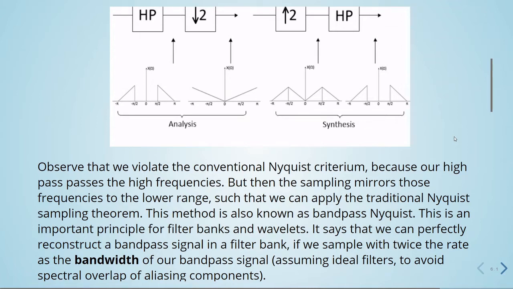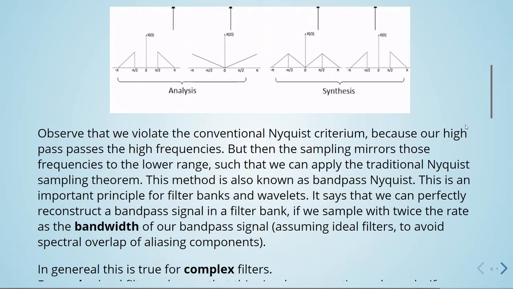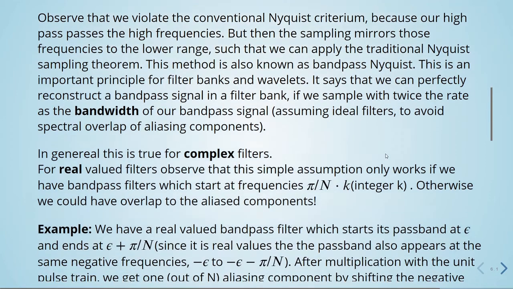The bandpass Nyquist is an important principle for filter banks and wavelets. The bandpass Nyquist says that we can perfectly reconstruct a bandpass signal in a filter bank if we sample with twice the rate as the bandwidth of our bandpass signal, assuming we have ideal filters to avoid spectral overlap of the aliasing components.